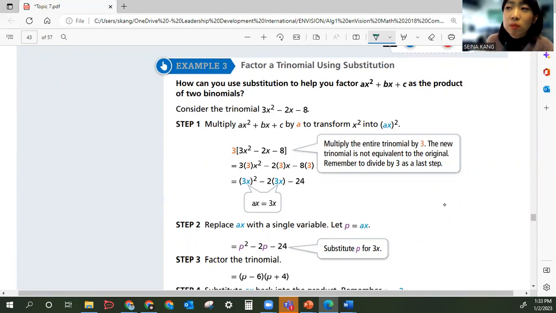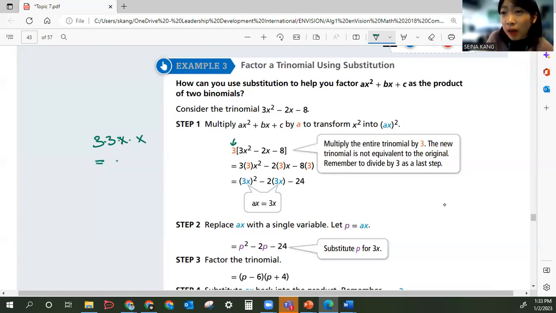Step 1, you're going to multiply the trinomial by a, the first factor in front of x², to transform x² into ax². Does that make sense? So look at this example. You're going to multiply 3 to the whole polynomial so that you have 3 times 3x², which is 3 times 3 times x squared.